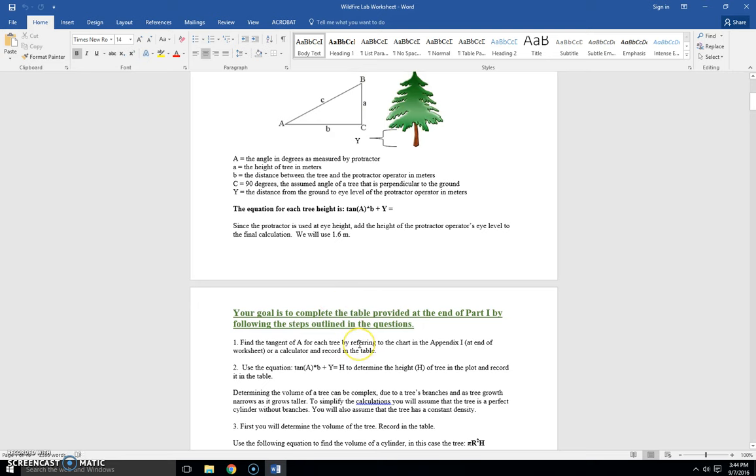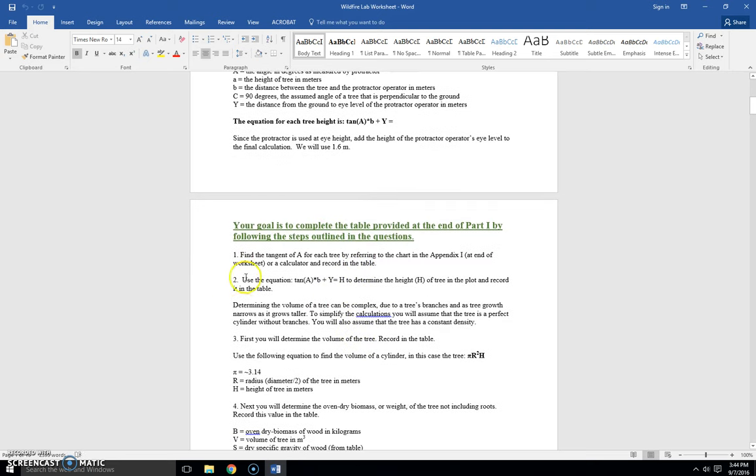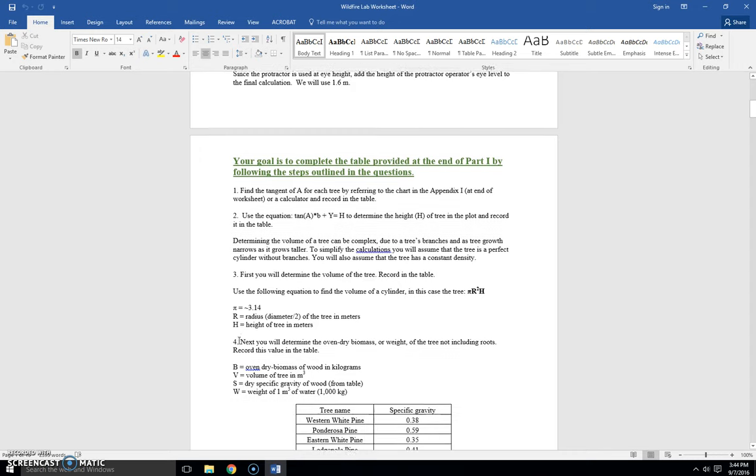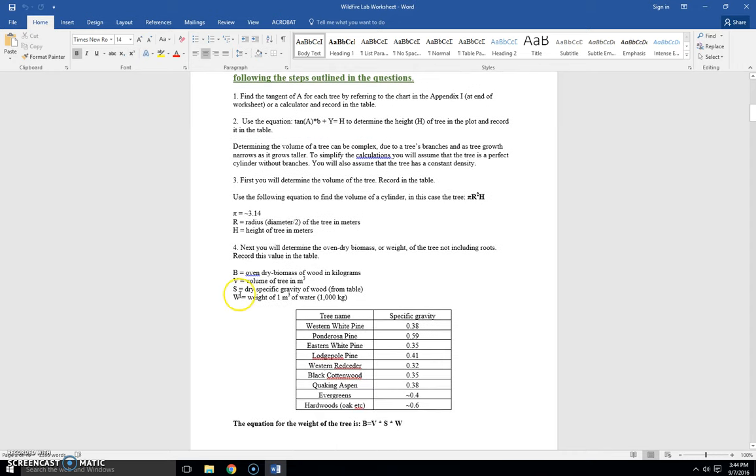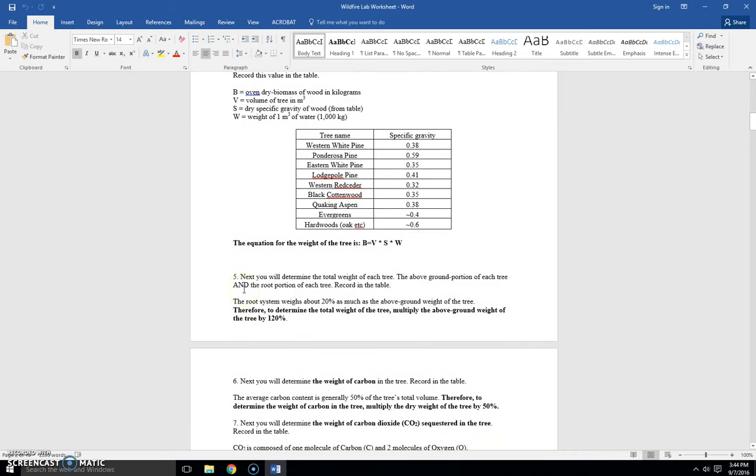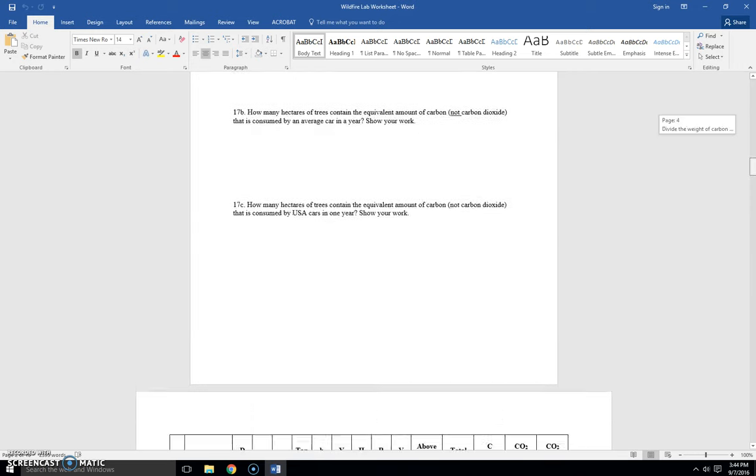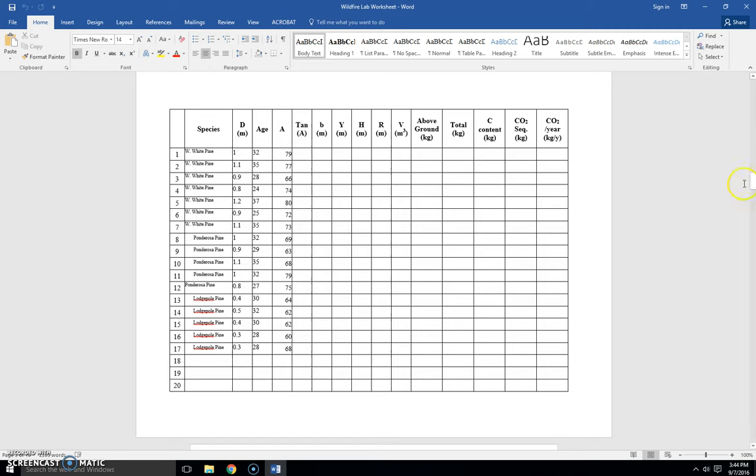So you do all these calculations, and you're guided very well through each of the questions and what to do. You record your calculations in this chart right here. I've given you the diameter of the tree, the species of the tree, the age of the tree, and the angle.